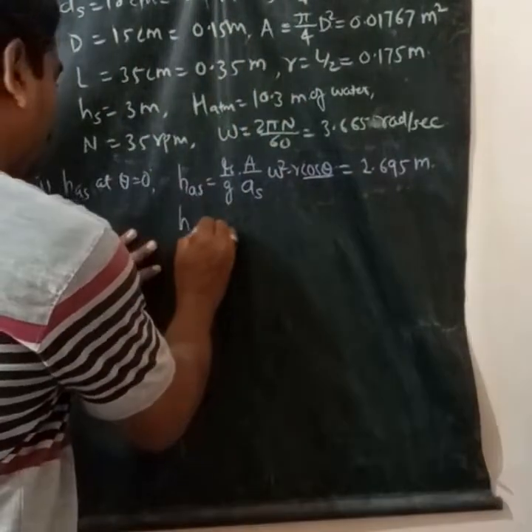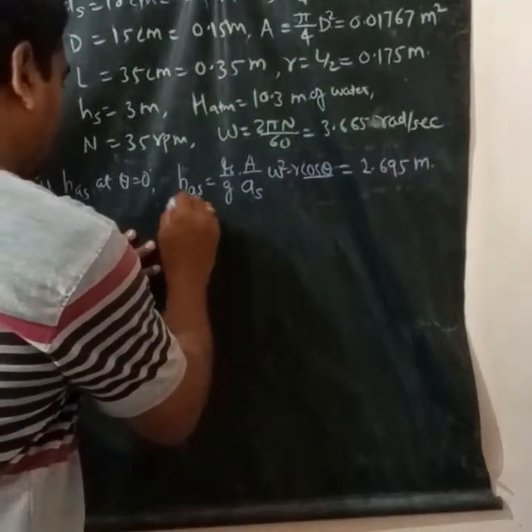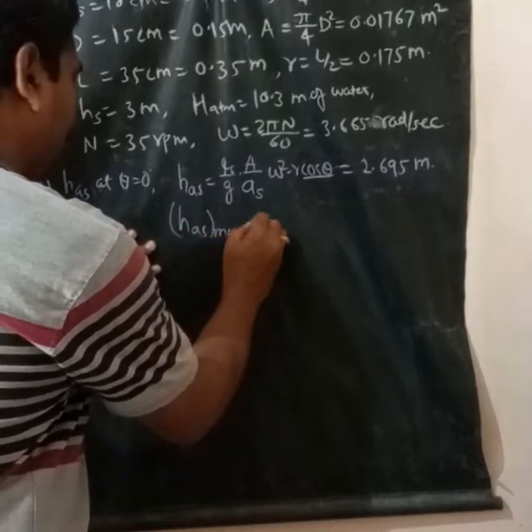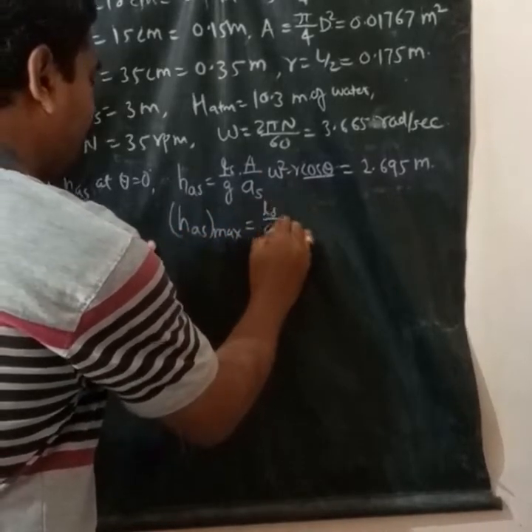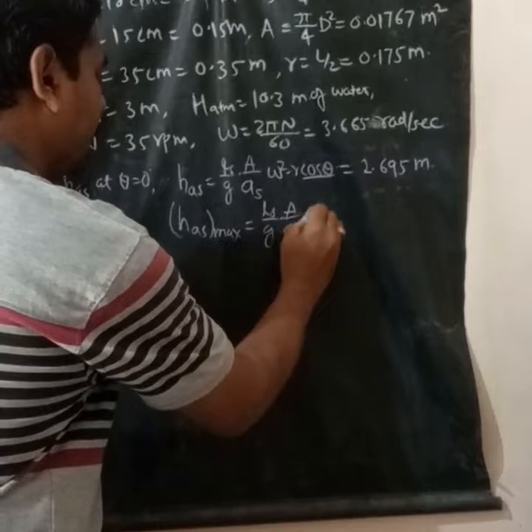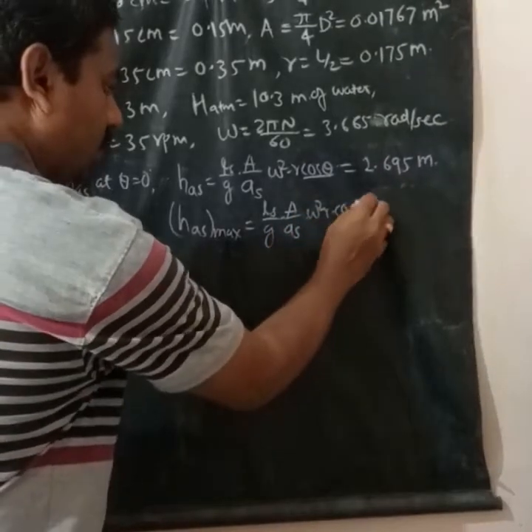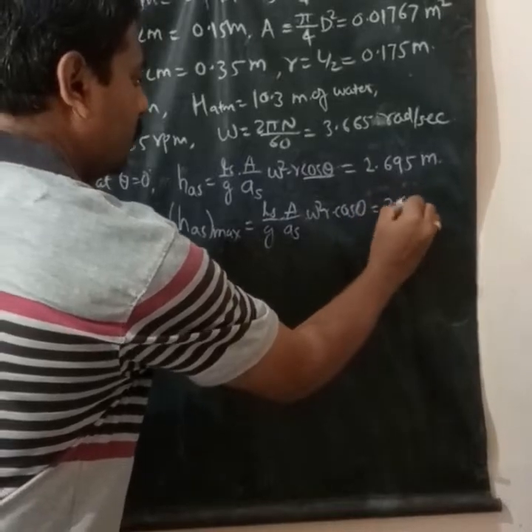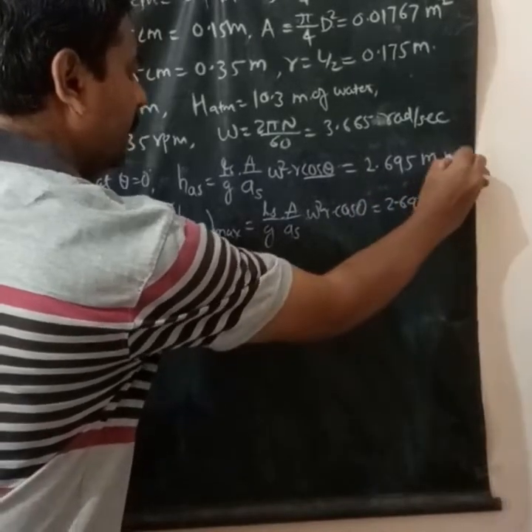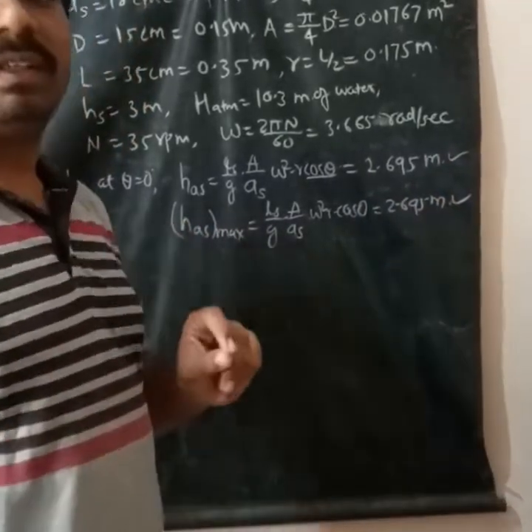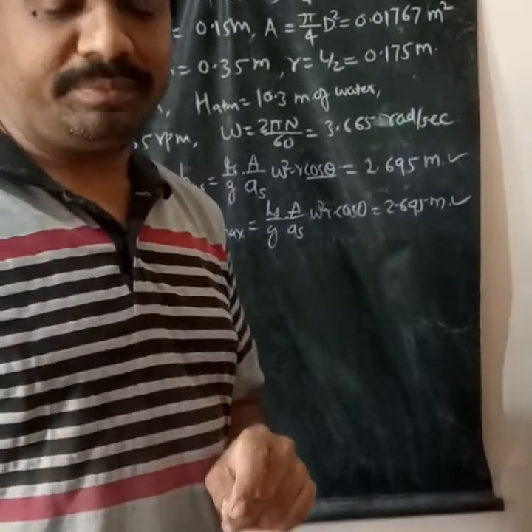So the HAS max will be the same as we have just calculated: LS by G into A by AS into omega square R cos of 0, and that is 2.695 meter. Both will have the same value here.